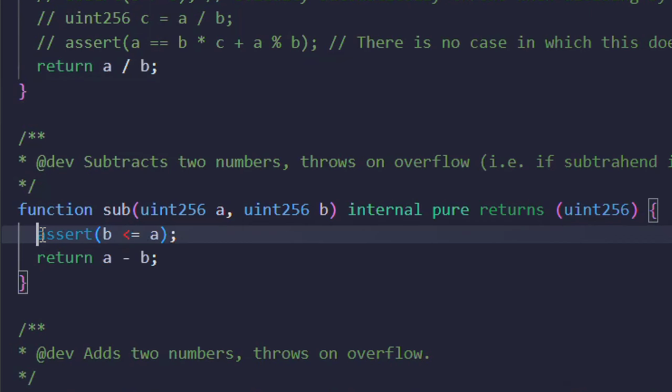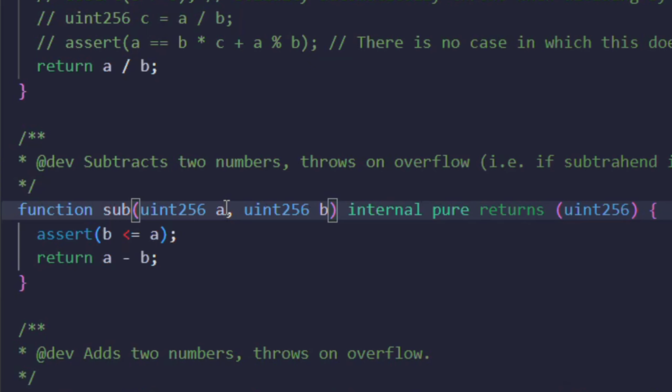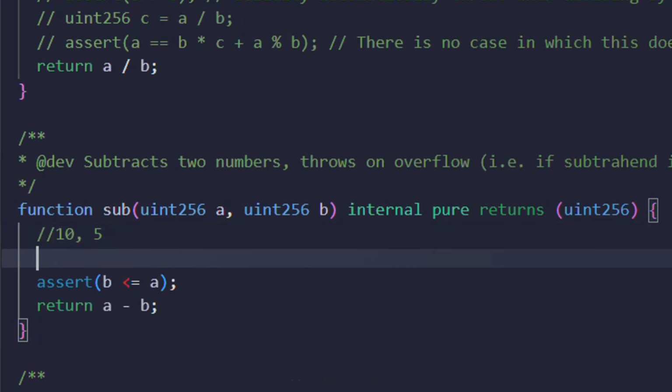So we say here that assert b must be less than or equal to a. Let's say we have 10 minus 5.